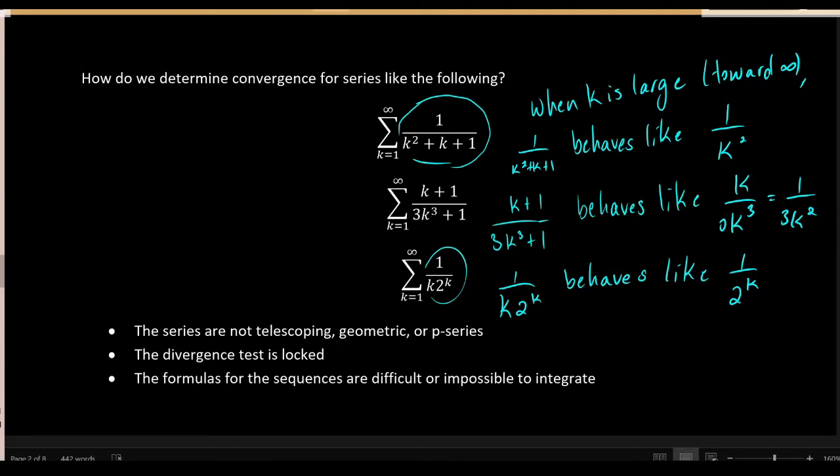And the theorems that we're about to introduce say yes. You can take a series and compare it to another series that behaves similarly when k is large. Under the right circumstances, those two series will converge together or they will diverge together. The behavior will be the same.